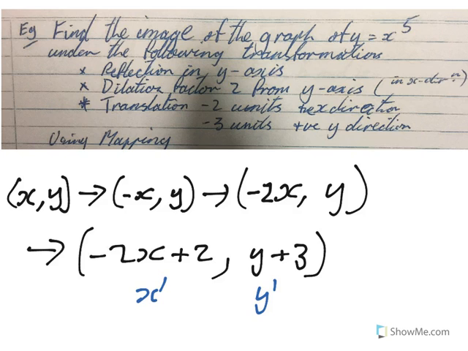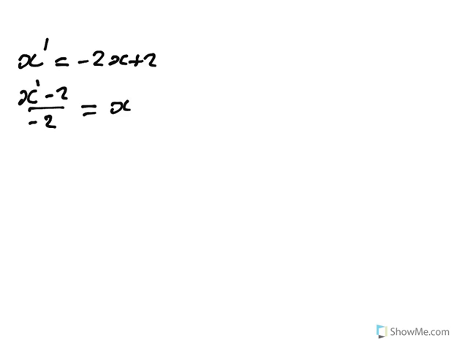Alright, so if we go on to the next page, that means that x dashed is equal to minus 2x plus 2. Subtract 2, divide by negative 2. You find that (x dashed minus 2) over negative 2 is x. And y dashed is simply y plus 3.